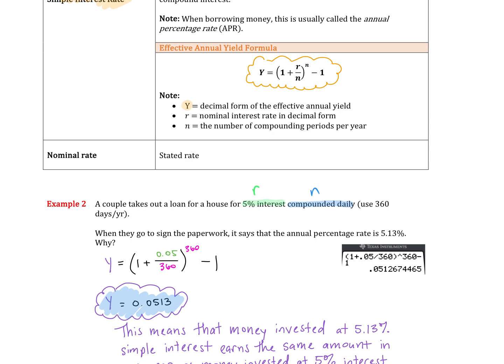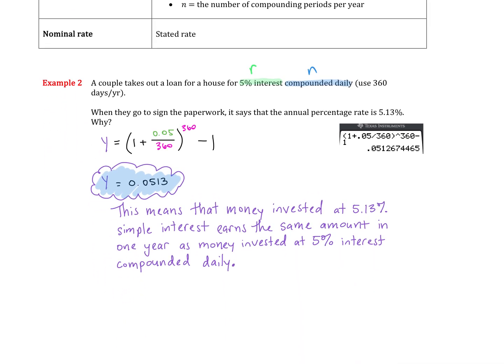But now let's digest this and see what it's really referring to. So what this means is that money that's invested at 5.13% simple interest, because that's what we get here, will earn the same amount in 1 year as money invested at 5% interest compounded daily.